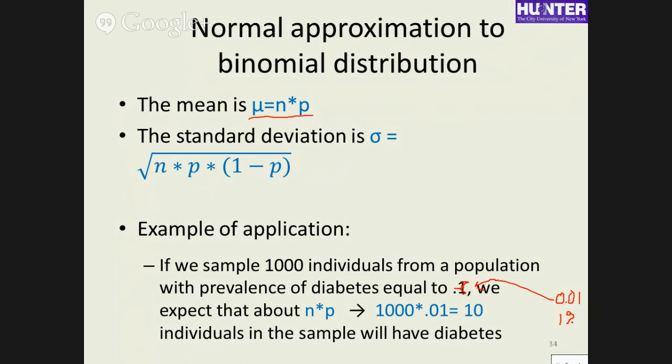I usually prefer doing these probabilities as probabilities between 0 and 1 instead of percent, because these equations then work directly if you're using probabilities, whereas this standard deviation will be wrong if you're using percents here. It'll be 100 times 100, too large.